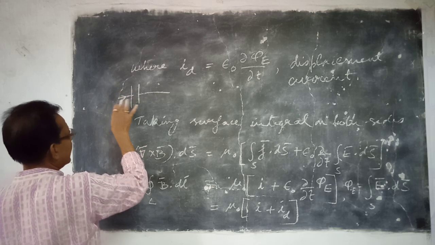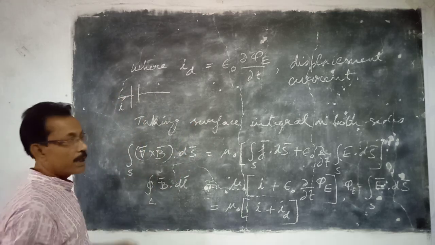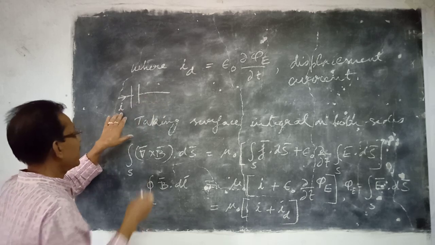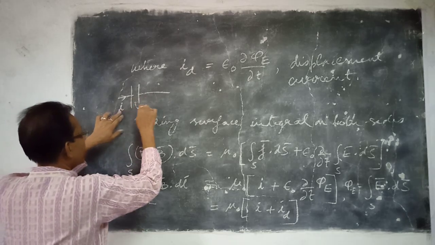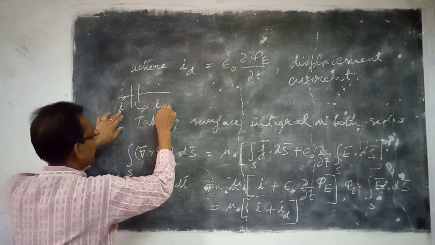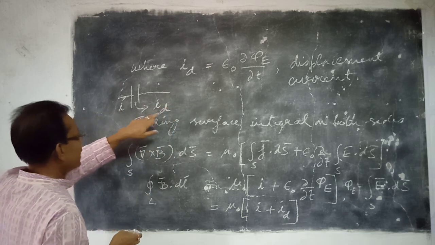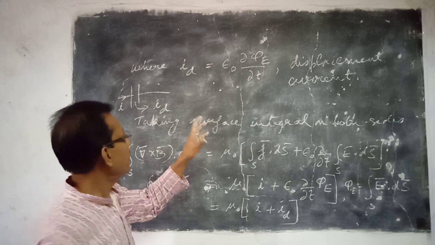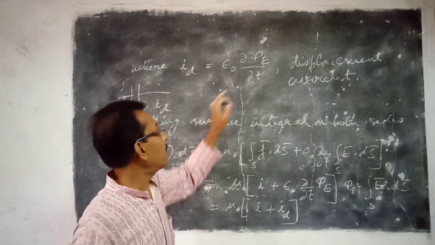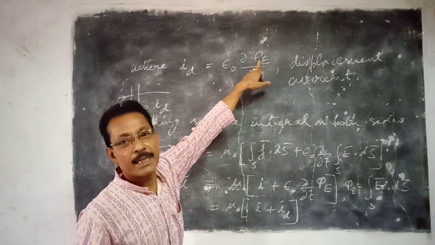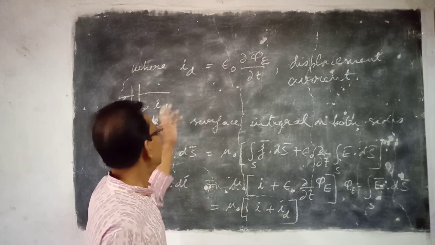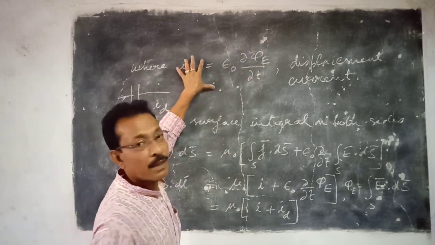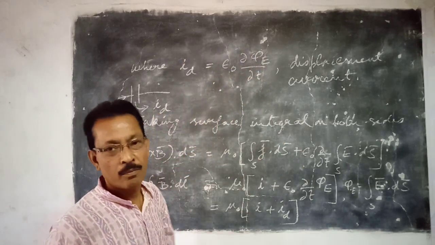Continuity of current is there: if it is an AC current, the continuity is retained by the displacement current I d, and I and I d are equal. That's why the AC current passes through the capacitor, due to its varying electric field. But for DC current this term is not there, so it is blocked.